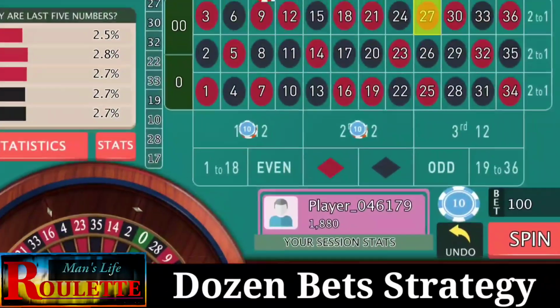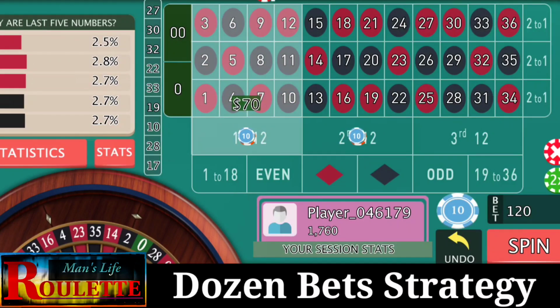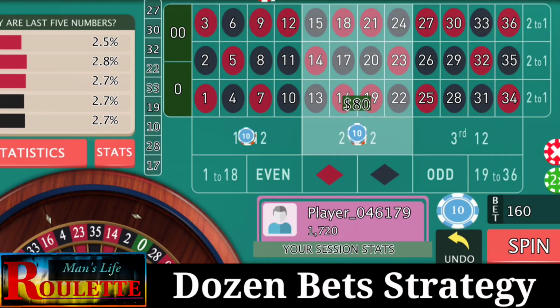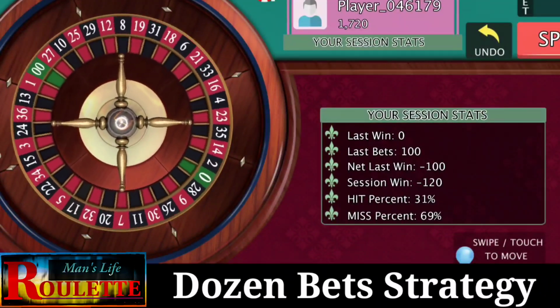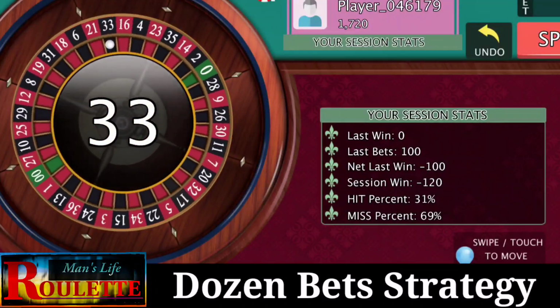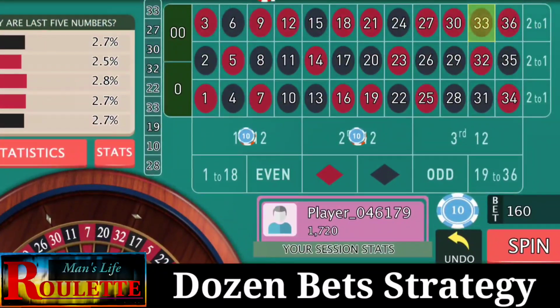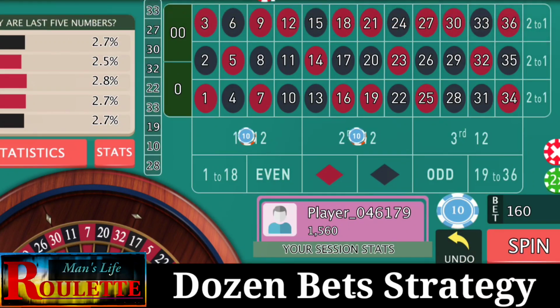$27. This is the third loss in a row, so it's time to increase 3 units or $30 to both the positions. This is the fourth loss, so time to increase 4 units or $40 to both the positions. In this way you can increase your bets.